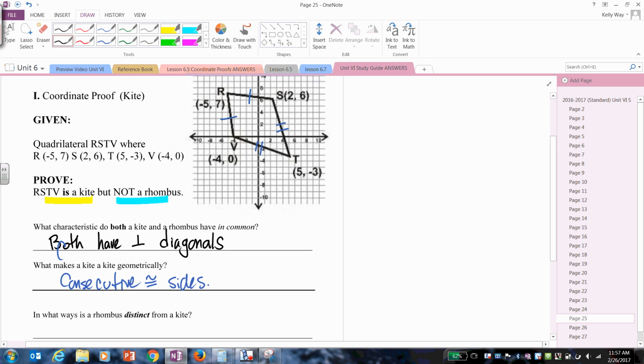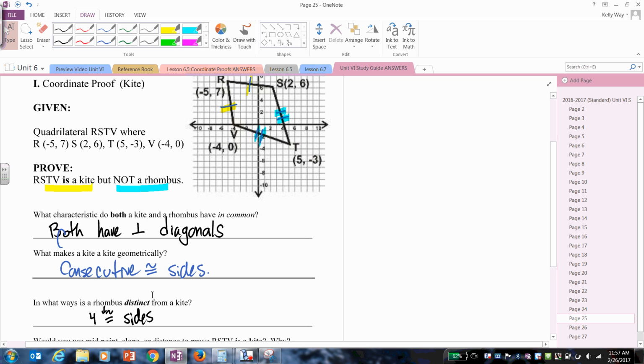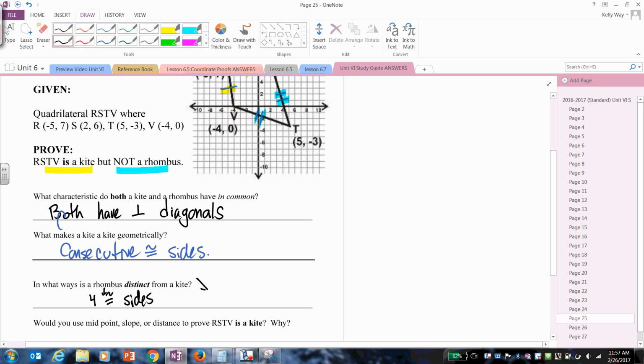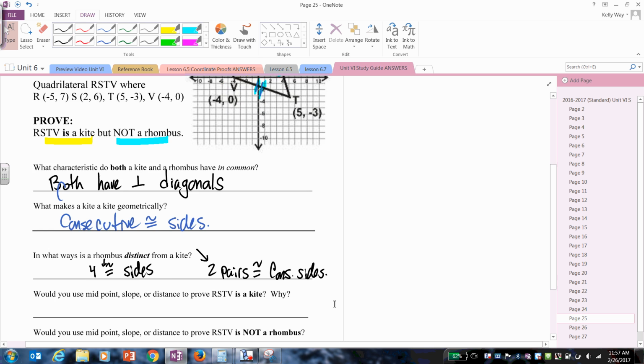Well, a kite has consecutive congruent sides, whereas a rhombus has 4 congruent sides. A rhombus has 4 congruent sides all around, whereas a kite has 2 pairs of congruent consecutive sides. It's not congruent all the way around.